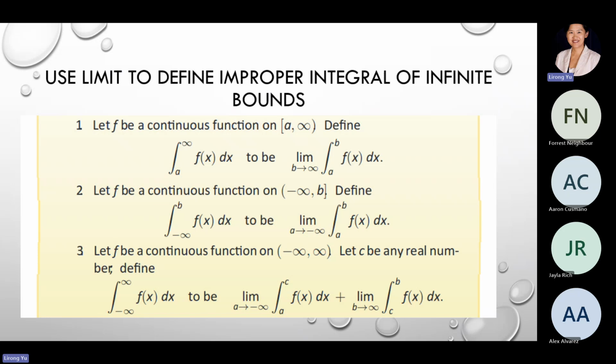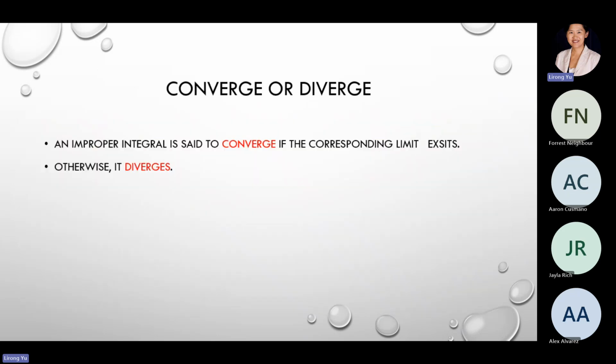Now, if you have to integrate some function from negative infinity to infinity, what you can do is find a middle point and integrate from a to infinity plus negative infinity to a. We can separate a big integration into two small integrations by separating the integration interval. That was the plan.